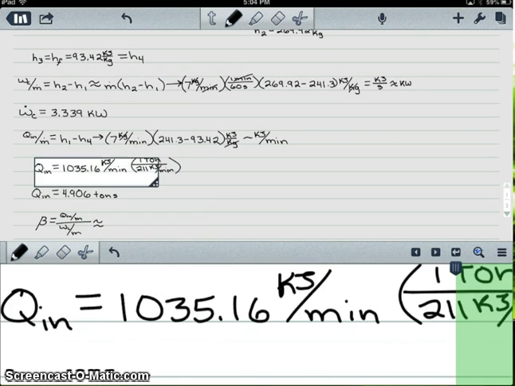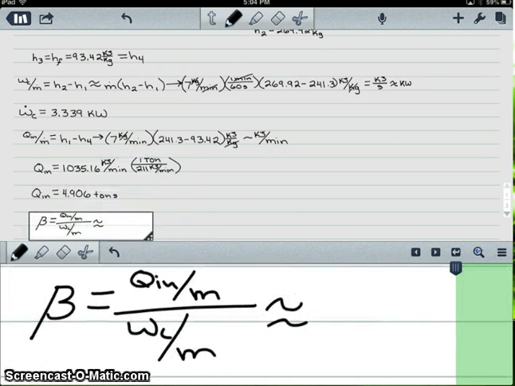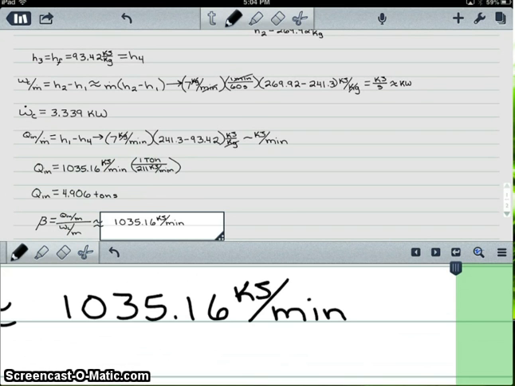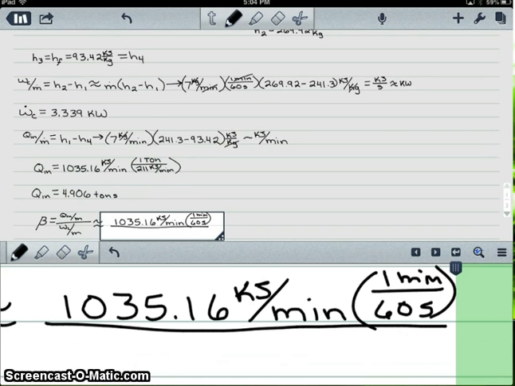So we take our 1035.16 kilojoules per minute, multiplied by 1 minute divided by 60 seconds, all over the work of our compressor, which is 3.339 kilojoules per second.